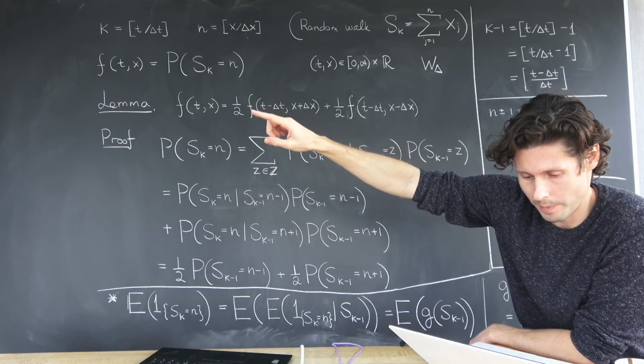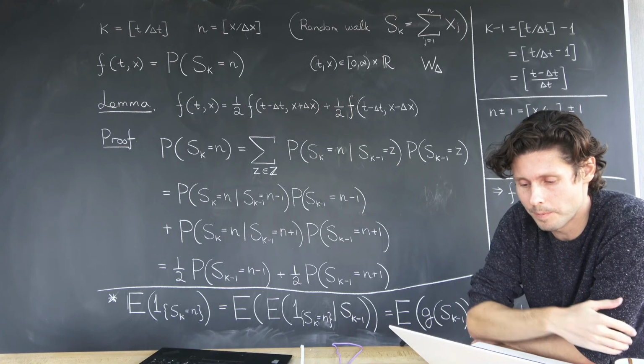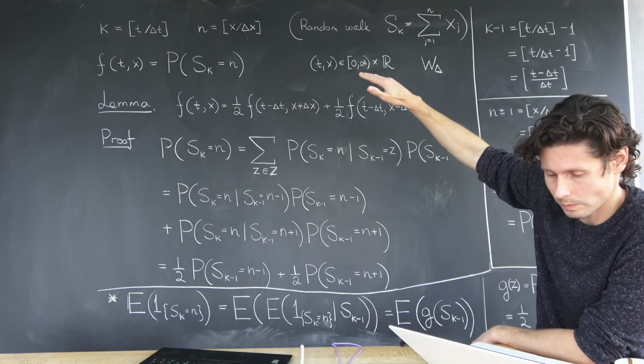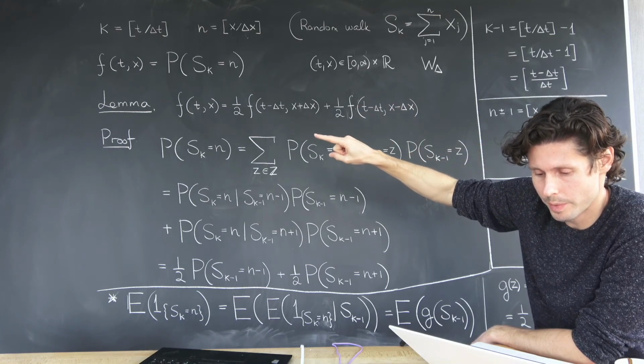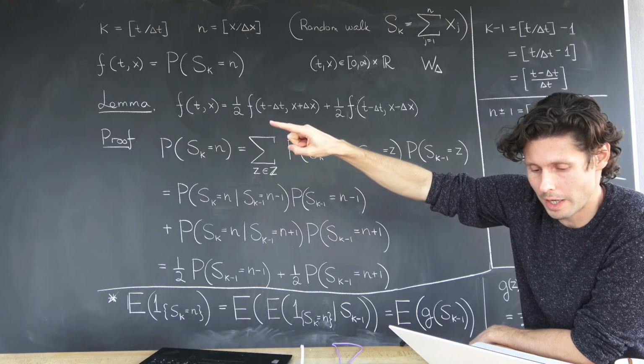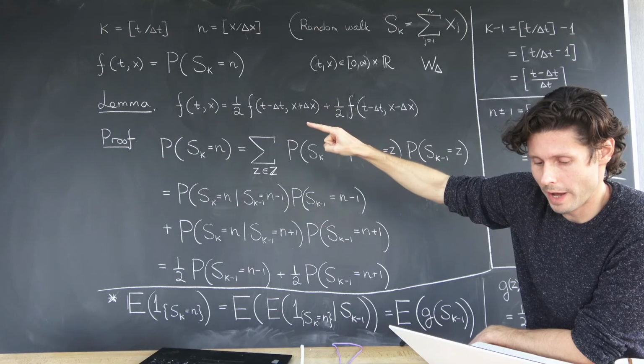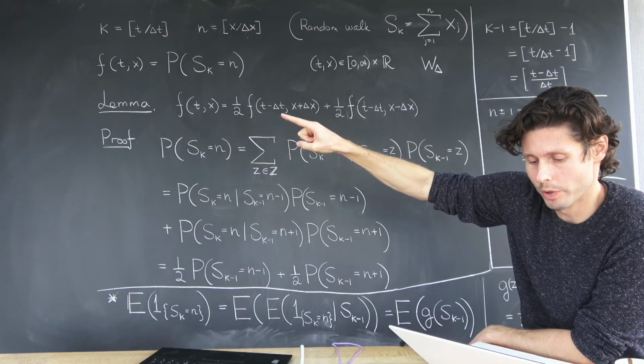So what we now have is this function f of t, x. We have a function defined on this domain, and the claim is it's going to be satisfying this property, where the function at f of t and x is the average between these two values of the function at neighborhood points.